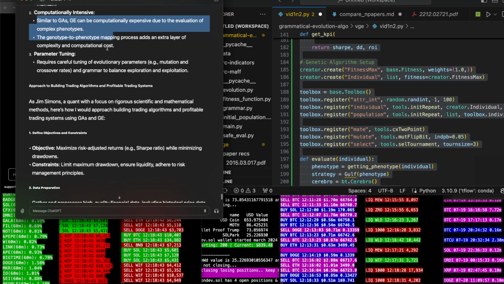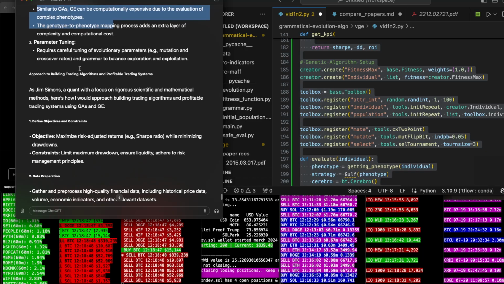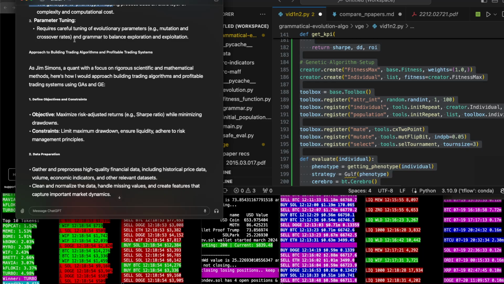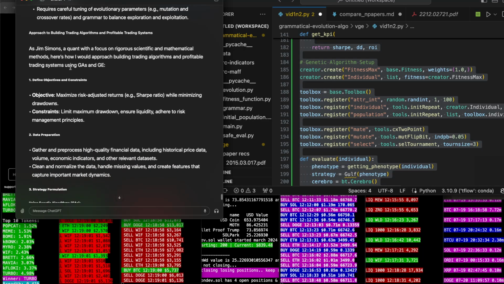The genotype to phenotype mapping process adds an extra layer of complexity and computational cost. Parameter tuning. Requires careful tuning of evolutionary parameters, mutation and crossover rates, and grammar to balance exploration and exploitation.